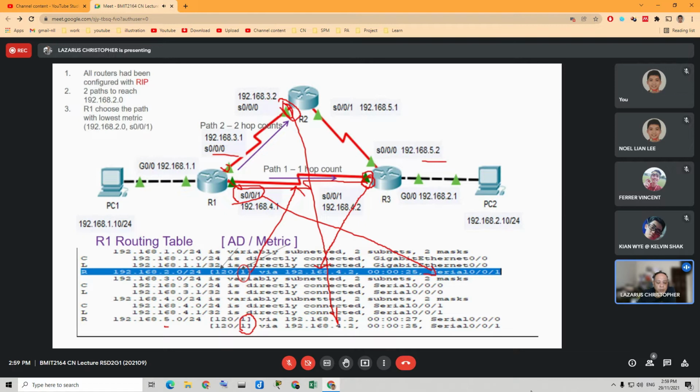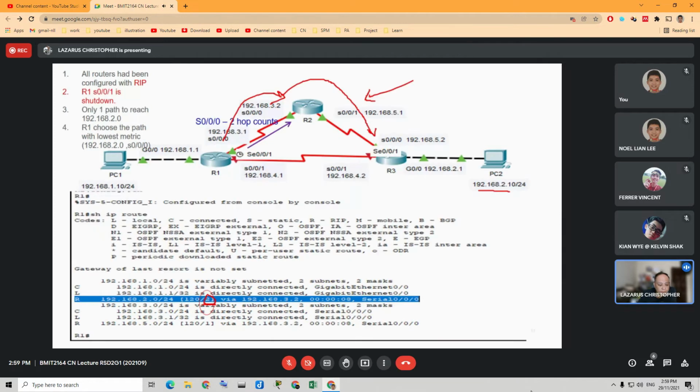So it is part of the routing table. This entry is entered into the routing table so that all traffic going to this network goes through path 1. Once you disable path 1, this entry is entered instead, because the other one, not available anymore, is removed from the routing table.